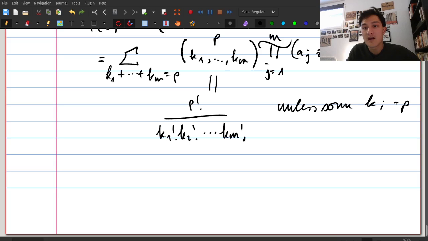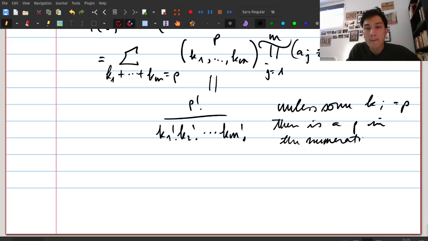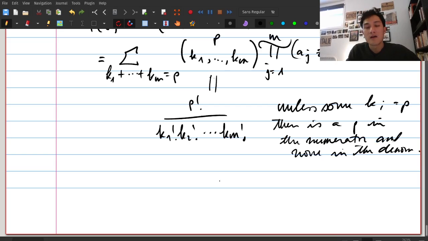So unless sum ki equals p, there is a p in the numerator and none in the denominator. Okay, and what does that mean? That means that, well, remember, p is equal to 0 in Fp, which means this whole thing is 0.